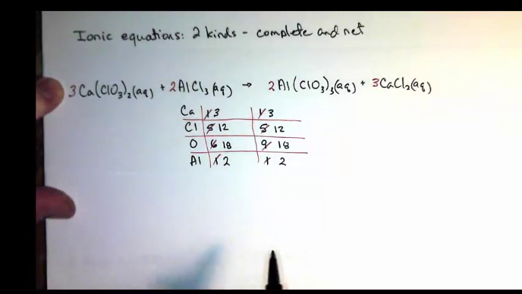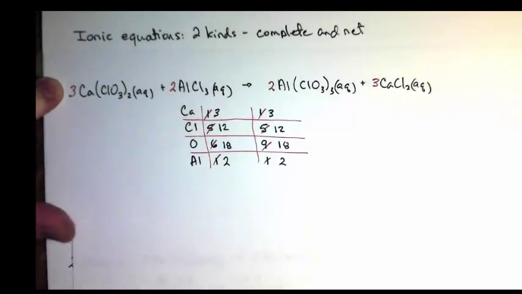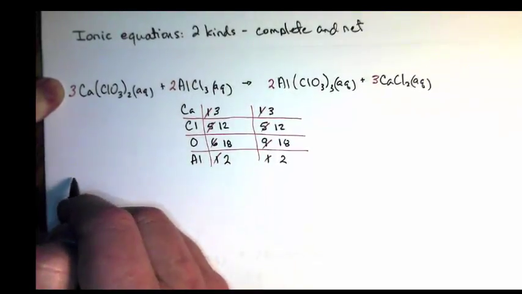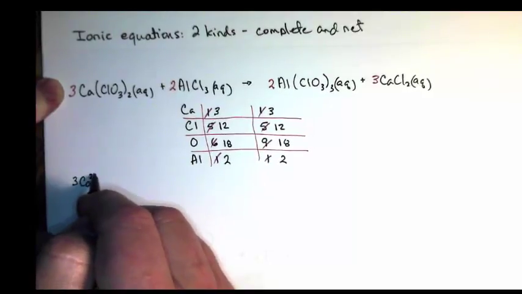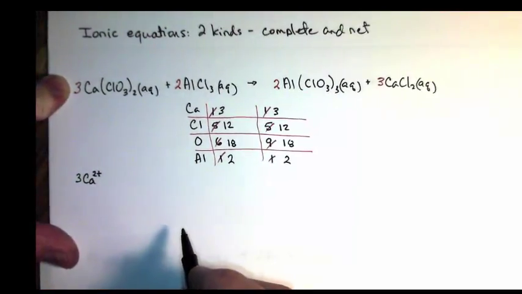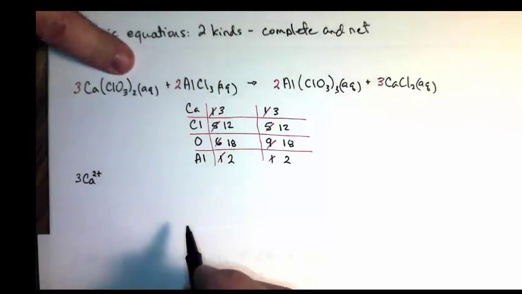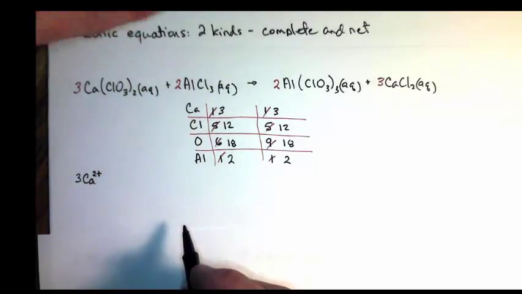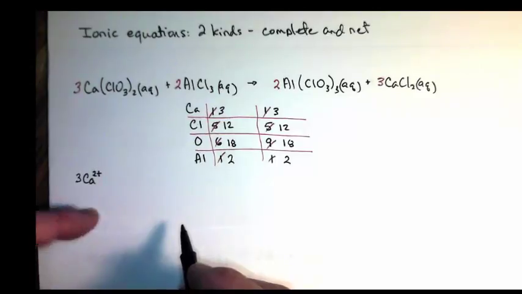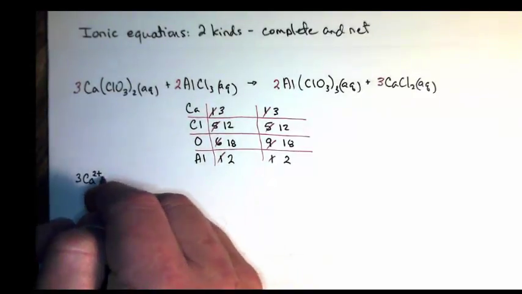So we've got 3 calcium ions, each with a 2+ charge. If this formula unit breaks up in water and it's aqueous because it's dissolved in water, well, by the same definition, then the ion's aqueous because it's been dissolved in water. So we're going to call it aqueous as well.